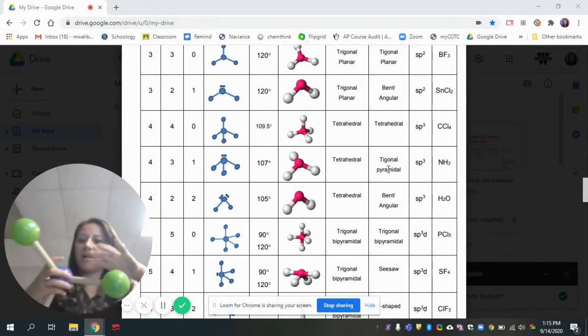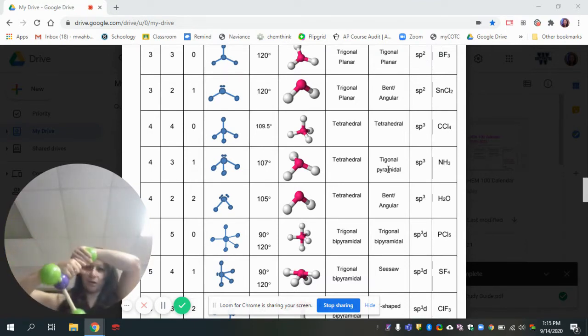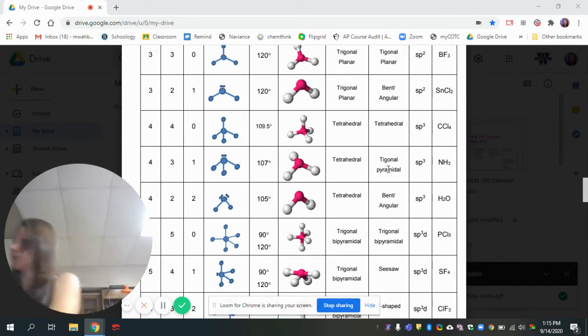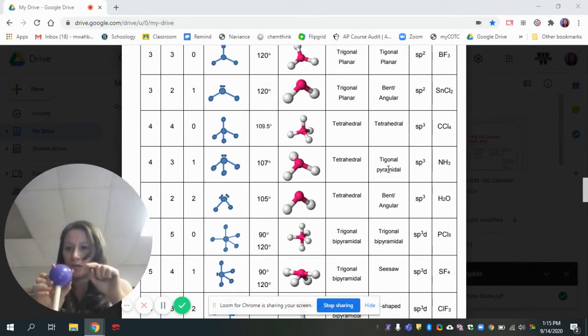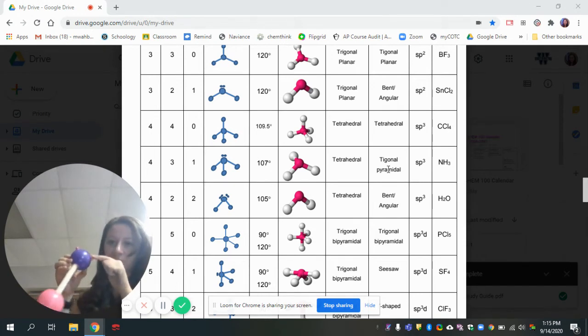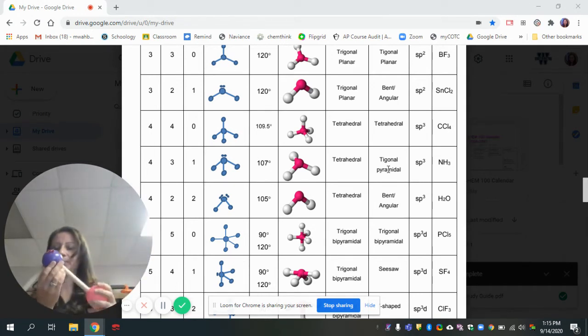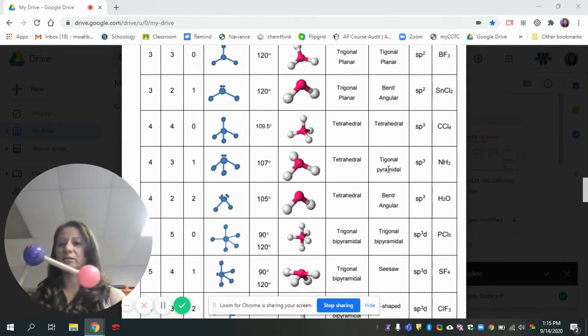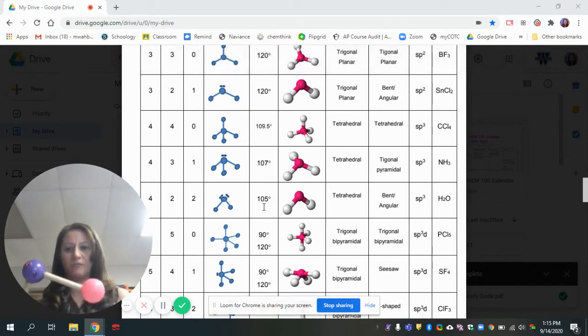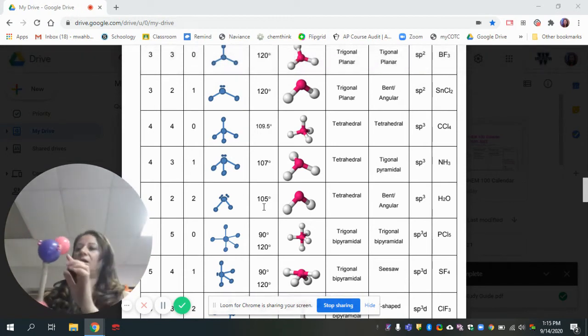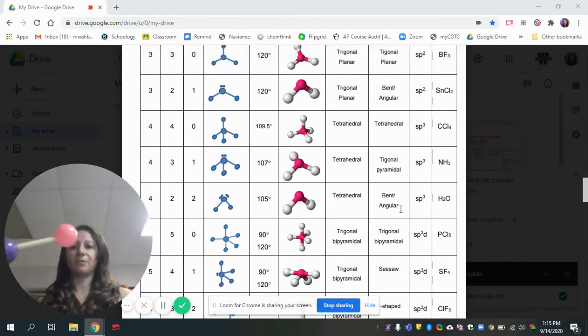Okay, what if I remove another bond here? So I have 4 areas of electrons, but only 2 bonds. So it would look like this. So I have 2 sets of lone pairs, and then I have 2 bonds. Still 109 degrees. Again, in reality, it's just slightly less than that, but we're going to say 109.5 for the AP exam. Still sp3 hybrid.